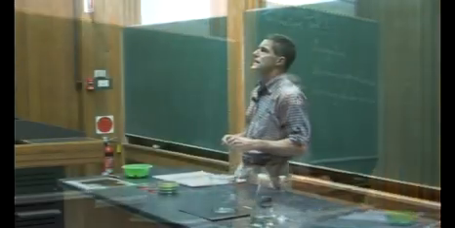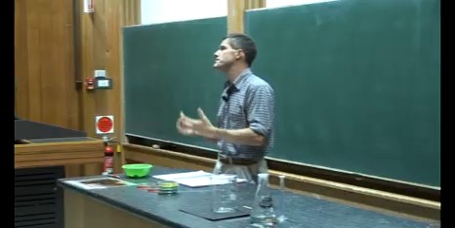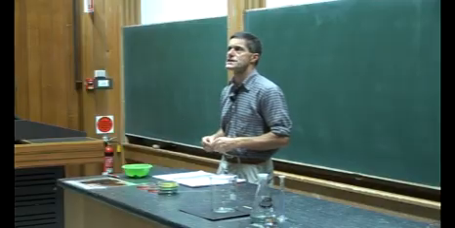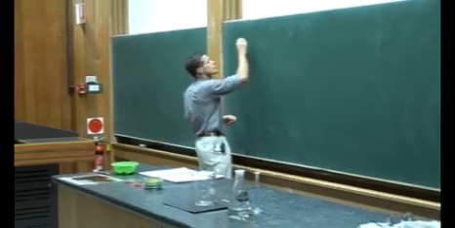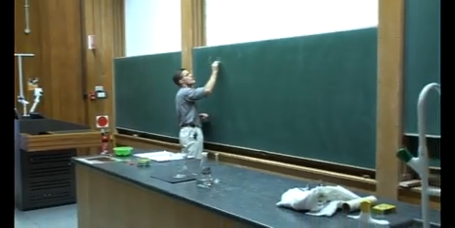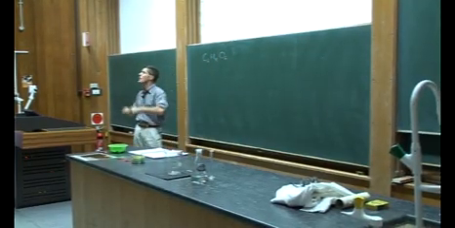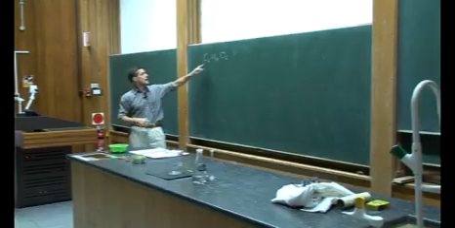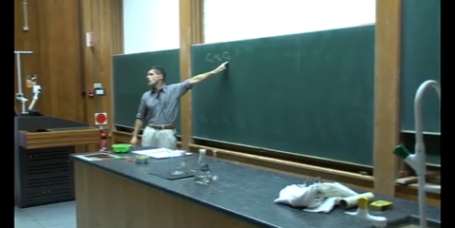So, first thing I want to look at is the percentage composition by mass of various elements within a compound. And to do this, let's use glucose as an example. It happens to have that formula. So one molecule of glucose contains 6 atoms of carbon, 12 of hydrogen and 6 of oxygen.